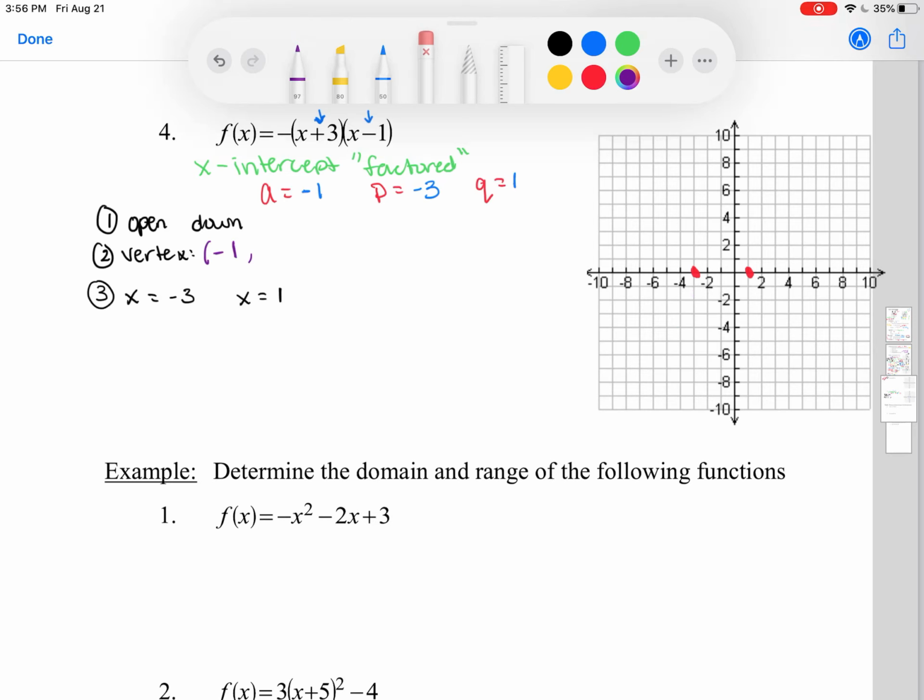Now I can't plot a point quite yet for my vertex because I don't know where that y-coordinate is. I know the x, I don't know the y. And if we remember from above, whenever you know the x, we can plug it in and replace all of my x's with -1. I'll show you that here in red.